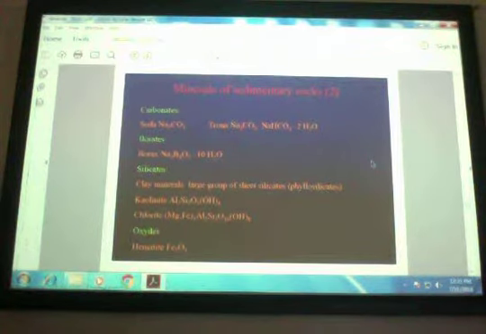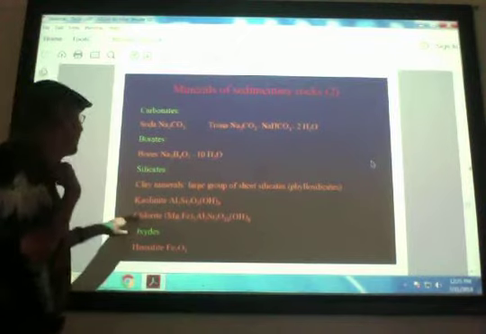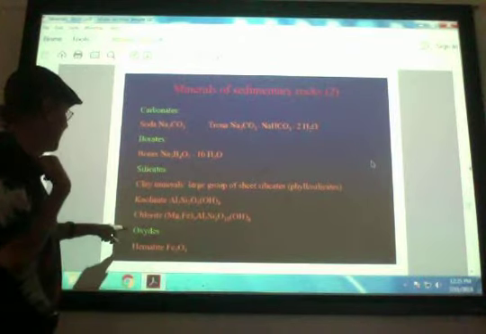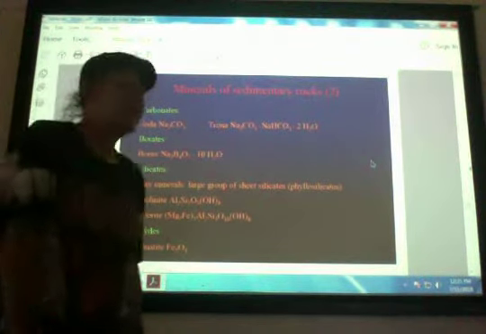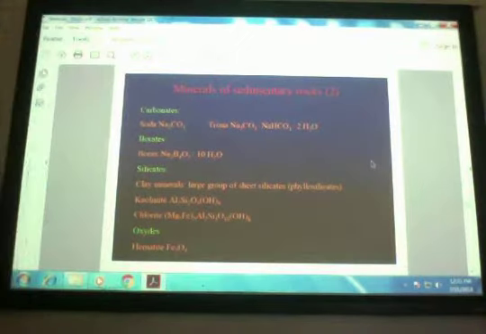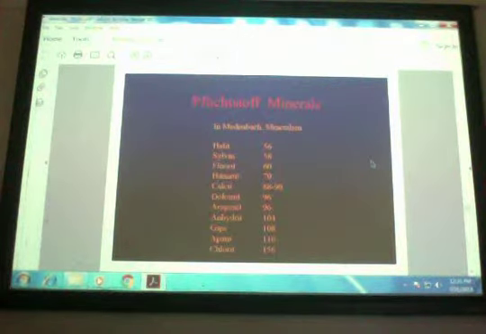Low pressure, low temperature sheet minerals. There you have the kaolinite and the chlorite. And here we have the oxides, like the hematite, and that is Fe2O3.